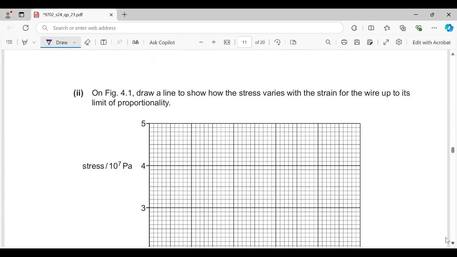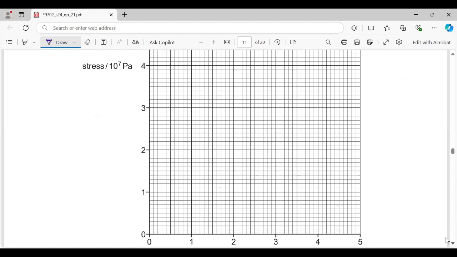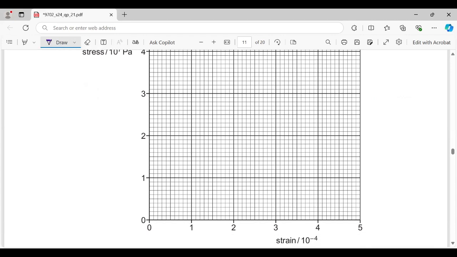Part 2. On figure 4.1, draw a line to show how the stress varies with the strain for the wire up to its limit of proportionality. Okay. Now look at the axis. This is the axis of stress for the vertical axis, and this is the axis for strain, the horizontal axis.